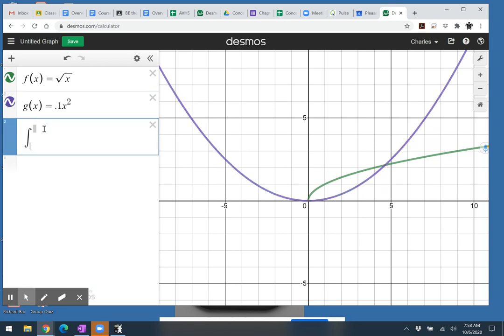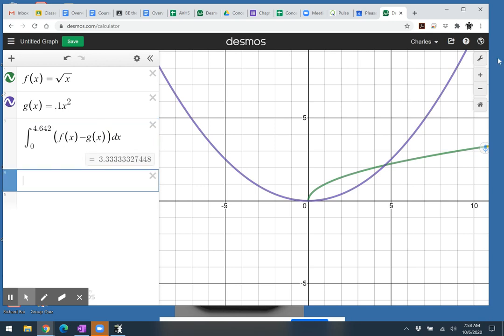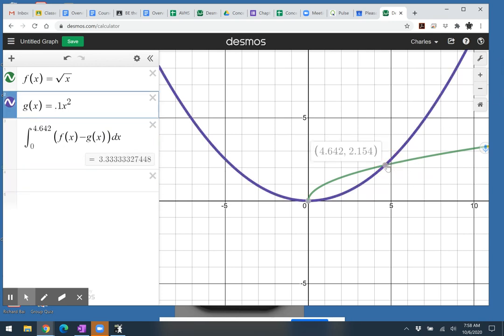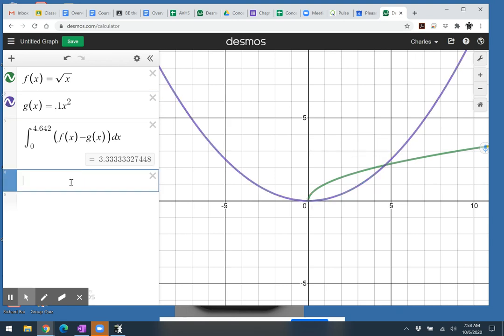And I had the integral from 0 to 4.642 of f of x minus g of x dx. And that's 3.3. So now if I can do this on the fly, this should be the same as when I integrate from, well, we'll figure that part out afterwards.